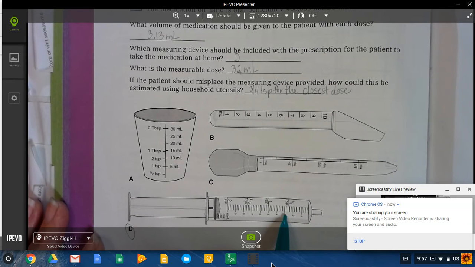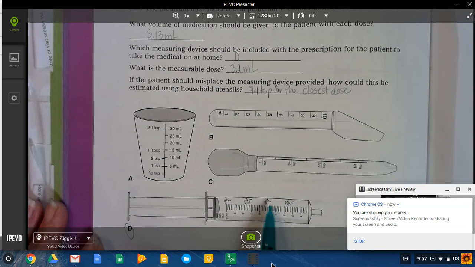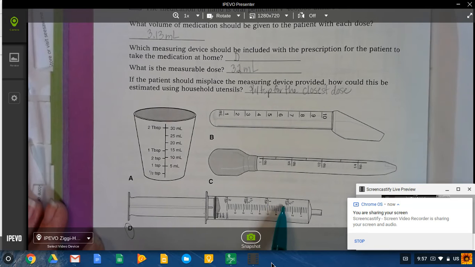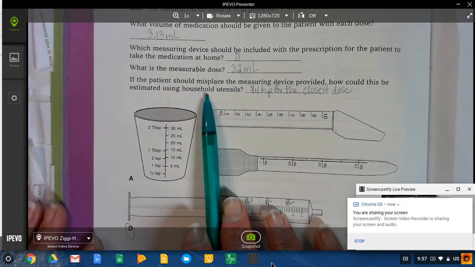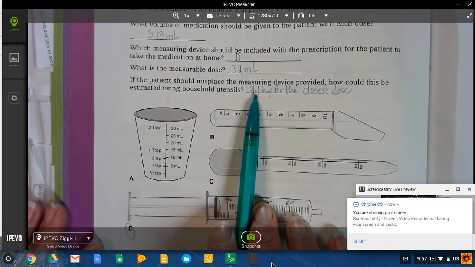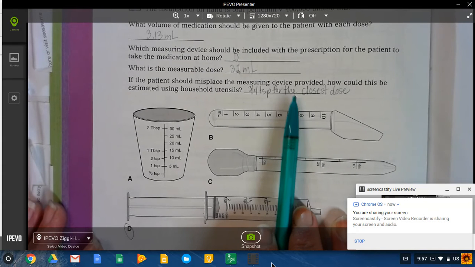So if we wanted to go 3.2, the first line is 0.2. Well, that looks like somewhere between half a teaspoon and 1 teaspoon. So the closest for a household utensil is going to be 3/4 of a teaspoon. It's not going to be exact, but it's definitely going to be the closest dose.